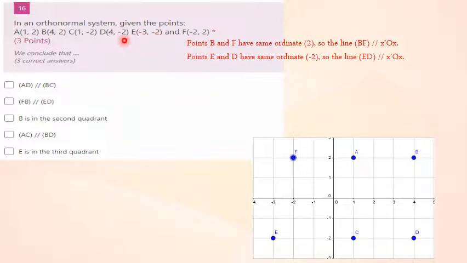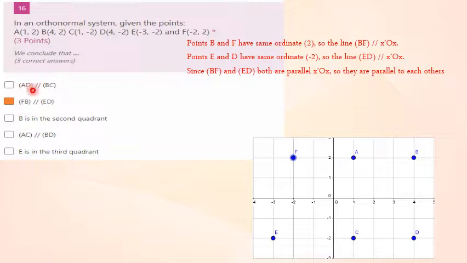Here we have minus 2 and minus 2. They have the same ordinate. Then DE is also parallel to x prime x. Both lines are parallel to the same third line, which is the x-axis, so I can say that they are parallel to each other. Then FB is parallel to ED.